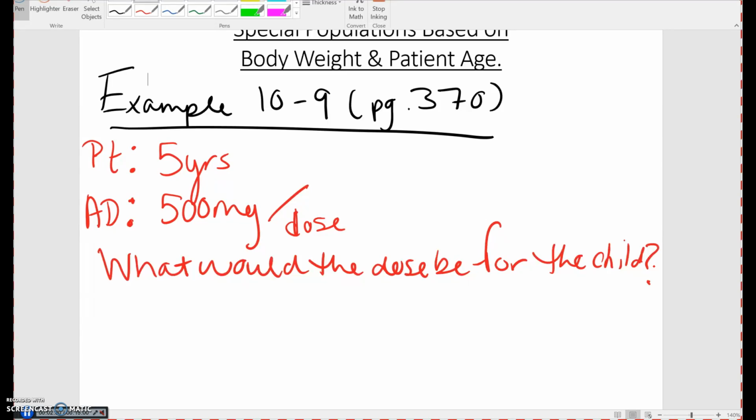It's asking you in detail to calculate the what? Dose order. The dose order isn't given to you within this problem. You have to calculate that. So based off of the information that's given to you, it gives you the patient's age in years, and it also gives you the average adult dose. Well, you know that you're going to use one of those 3 formulas.